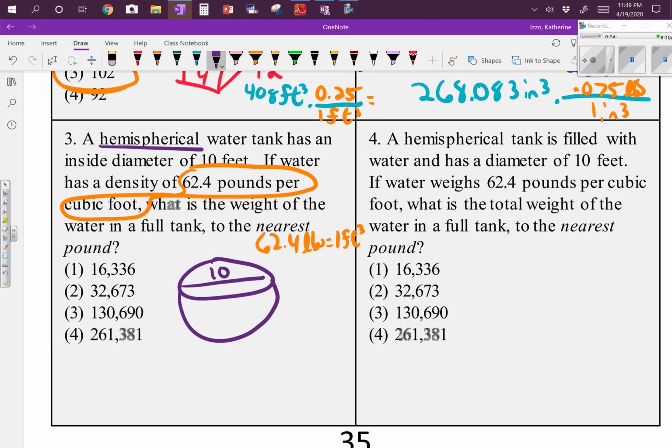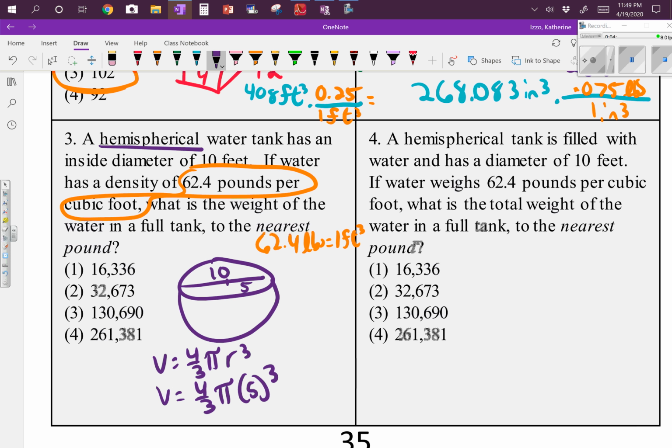So we start with our volume. Volume is 4/3 pi r cubed. Notice this is a diameter. We need the r, so that's going to be 5. V equals 4/3 pi 5 cubed.